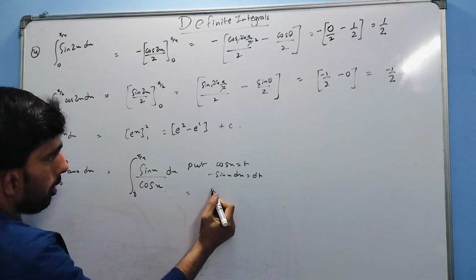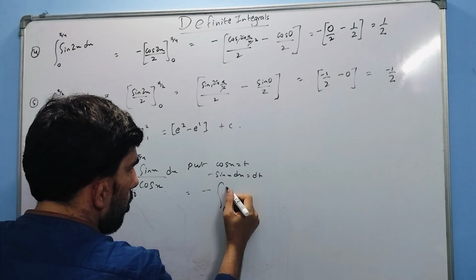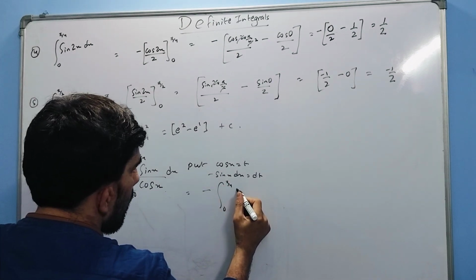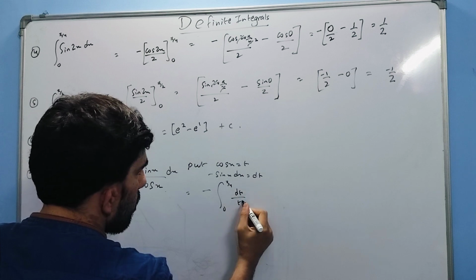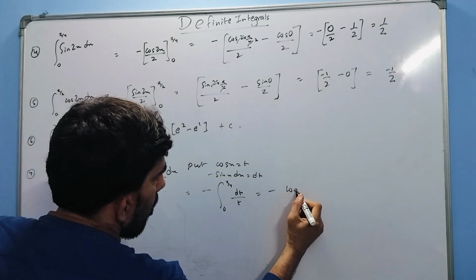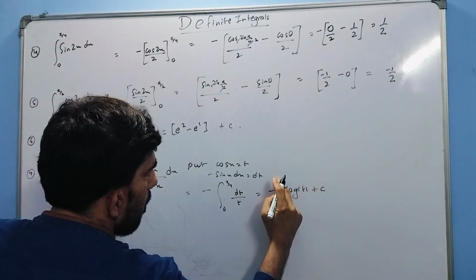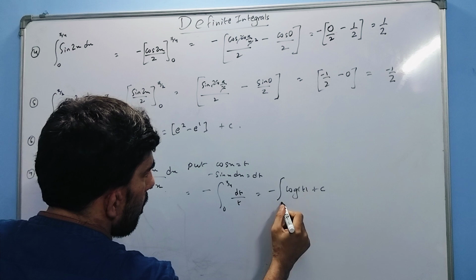So I got here minus, outside, the integral of sin x, so it will be dt upon t. So I got minus log t plus c.